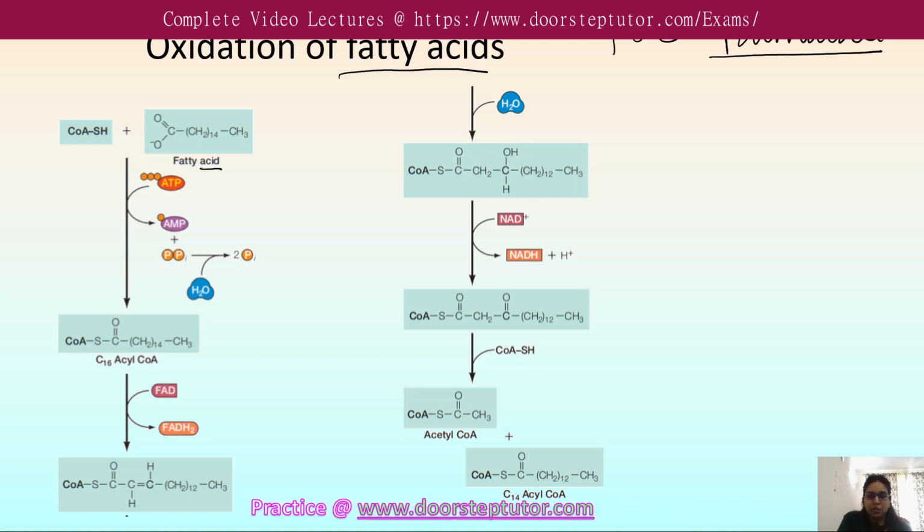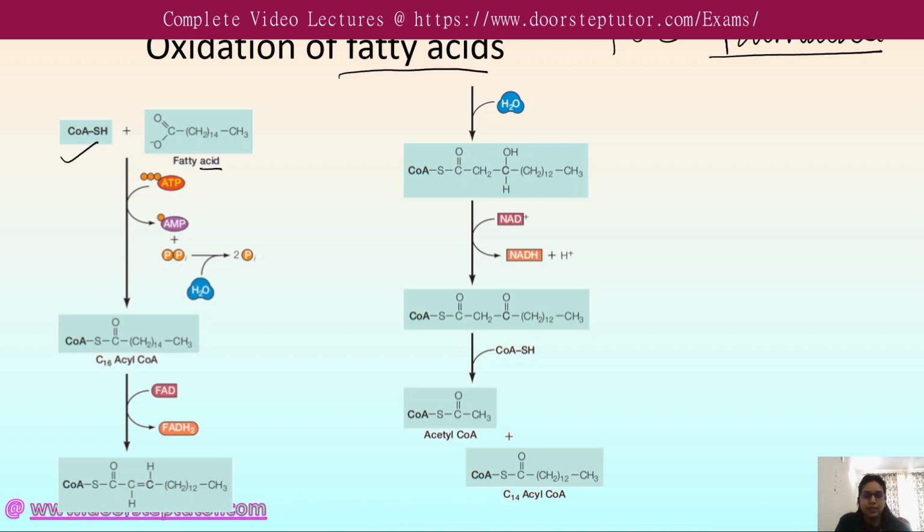Now what happens? It will initially join to coenzyme A, written here as coenzyme A-SH, and this reaction uses ATP, meaning it requires an energy investment of ATP.